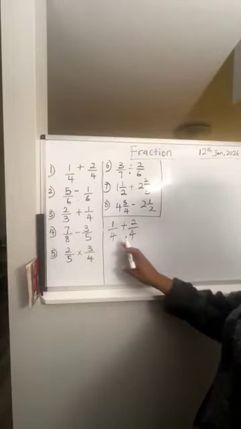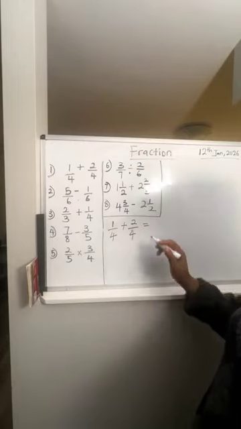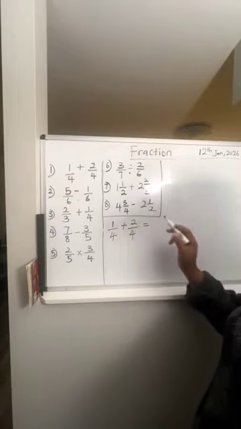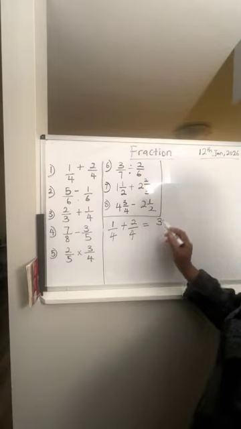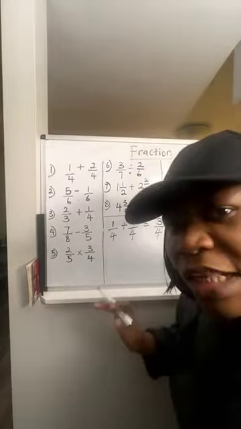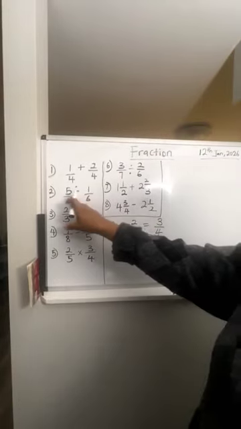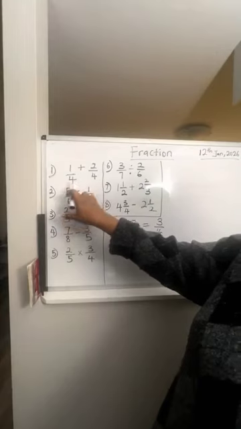What do we do? It will still remain 4. So we have 1 plus 2 will give you 3, 3/4. Can you see that? That is just easy. Now, we are going to run to number 2.